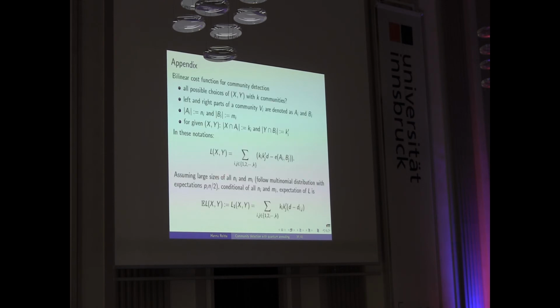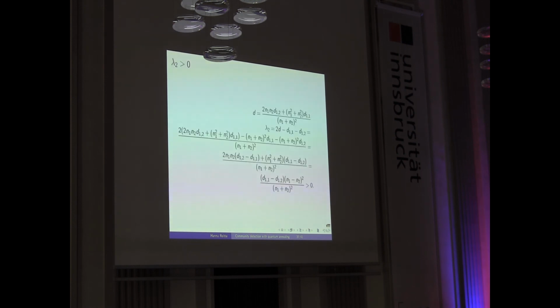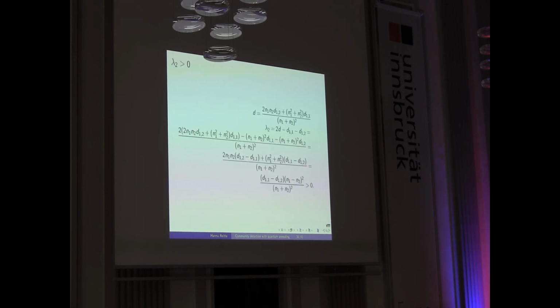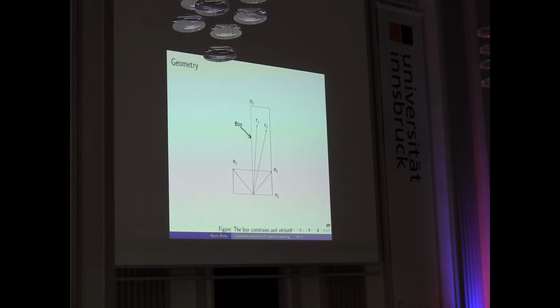Okay. So here are some proofs, for this two community case. So what you get here is this kind of optimization problem with box constraints. And you can find the eigenvalues, eigenvectors, and show that one is negative and another is positive. And this is the box constraints. And the functioning of this algorithm means that the optimum is always in the corners.